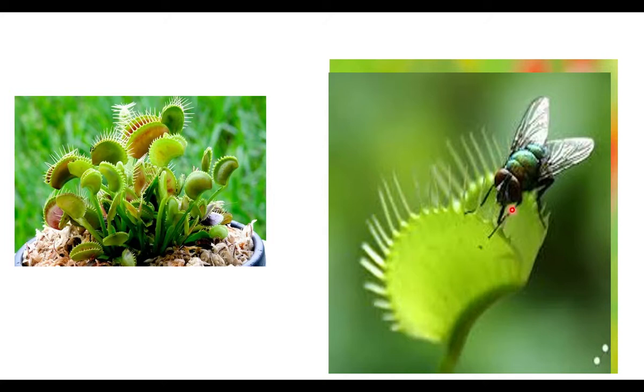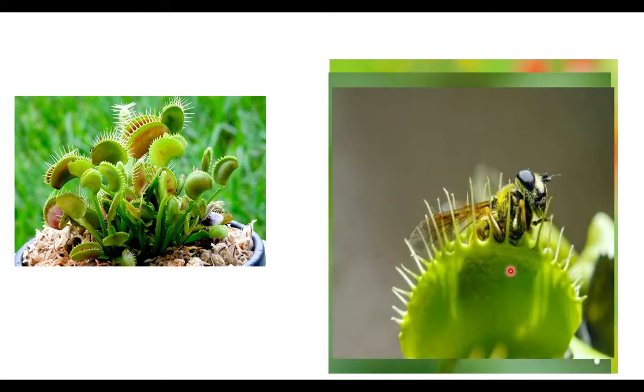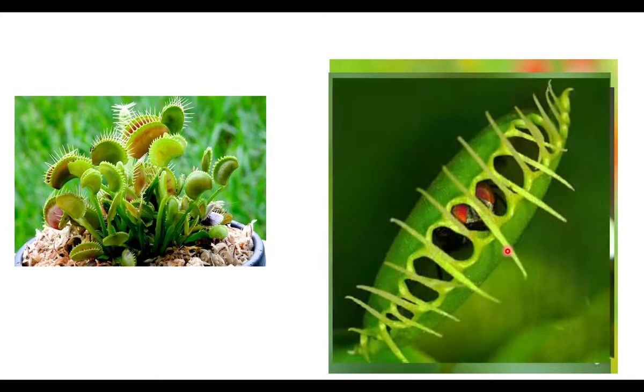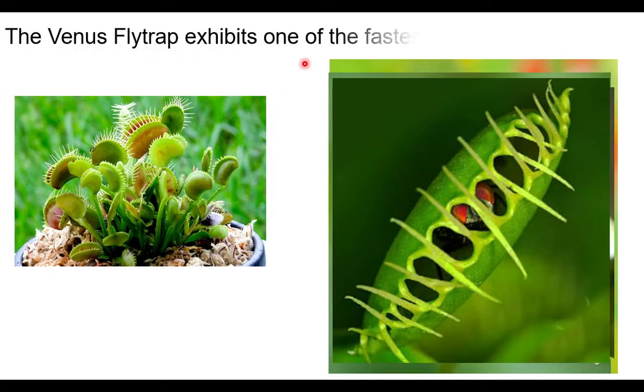When the insect moves inside, the leaf suddenly closes. So it is fast movement. The insect is completely trapped inside the leaf. The Venus flytrap exhibits one of the fastest known nastic movements.